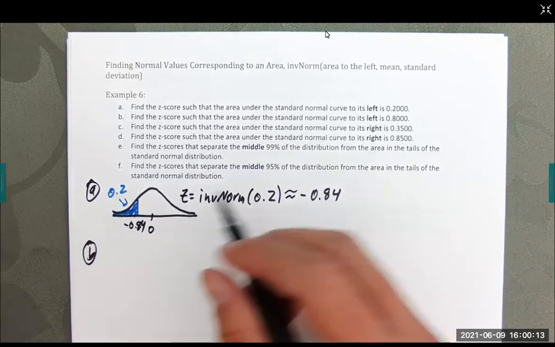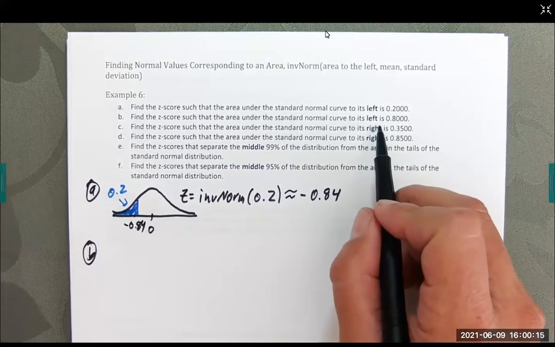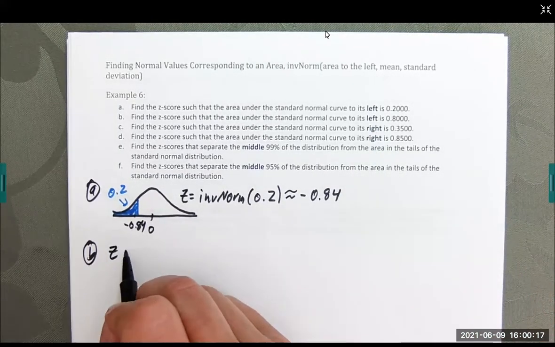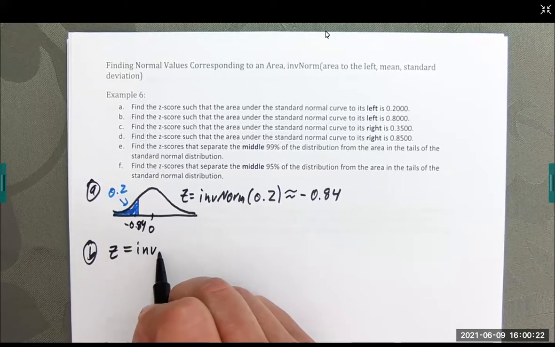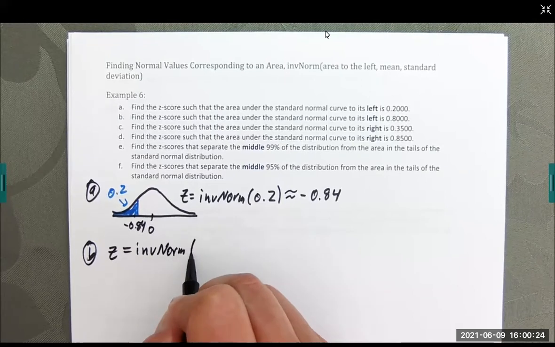Let's try B. And because it's area to the left, the setup is going to be the same. So our Z value that we're looking for is inverse norm of 0.8.